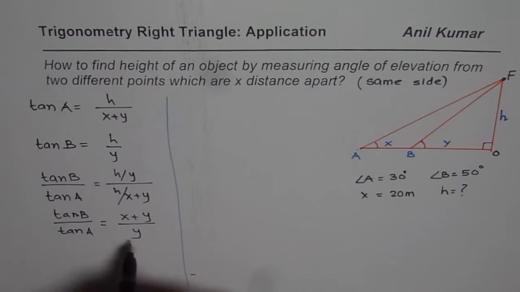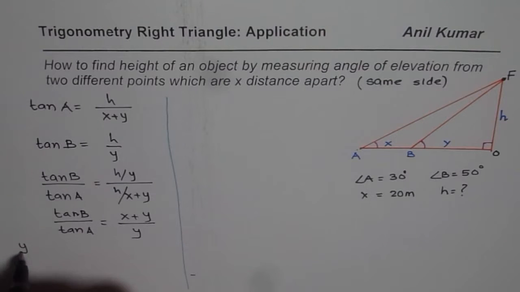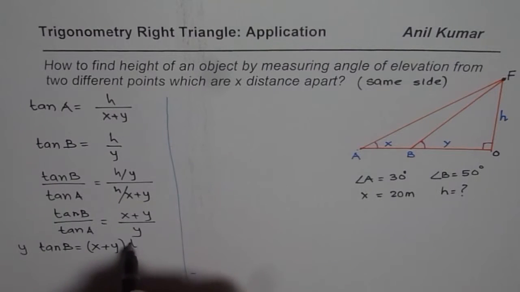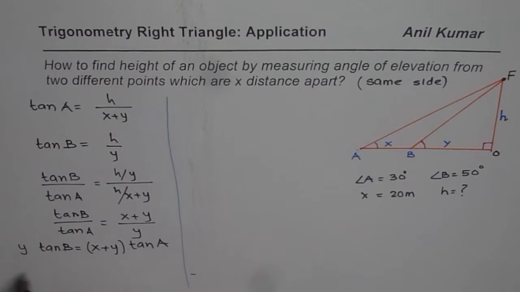So let's cross multiply first here. So we get y times tan of B is equal to x plus y times tan of A. Now we'll solve this equation bringing the y terms together.